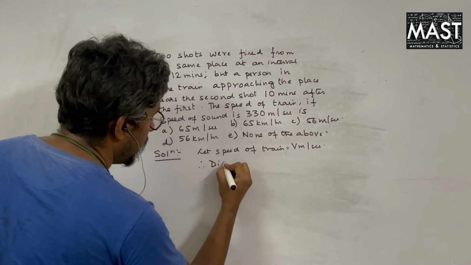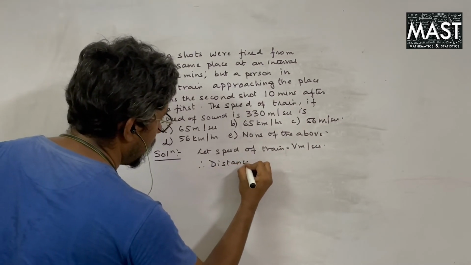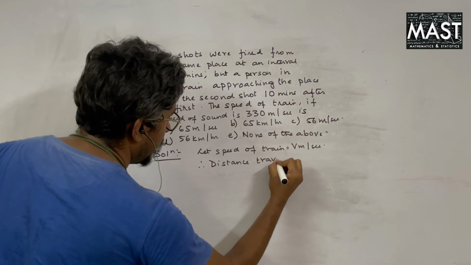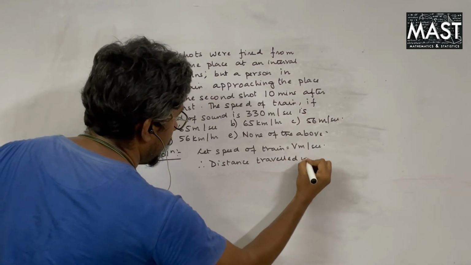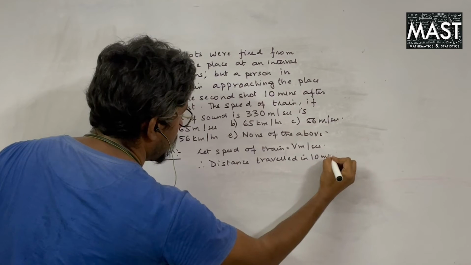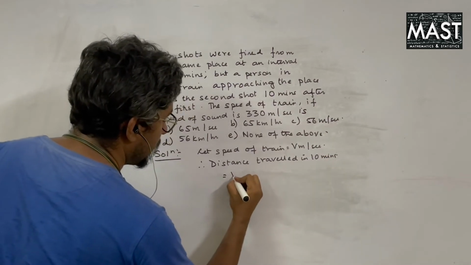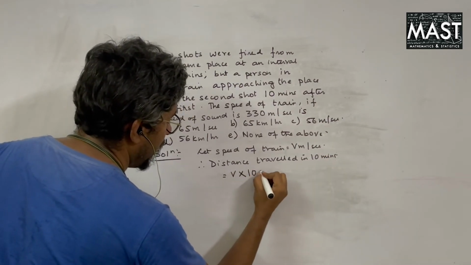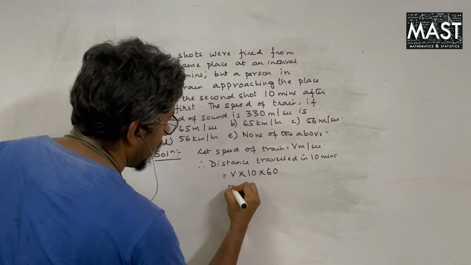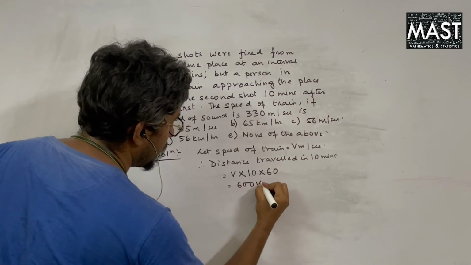Therefore, the distance travelled in 10 minutes. We know distance is speed into time, so v into 10 into 60, converting it into meters per second.